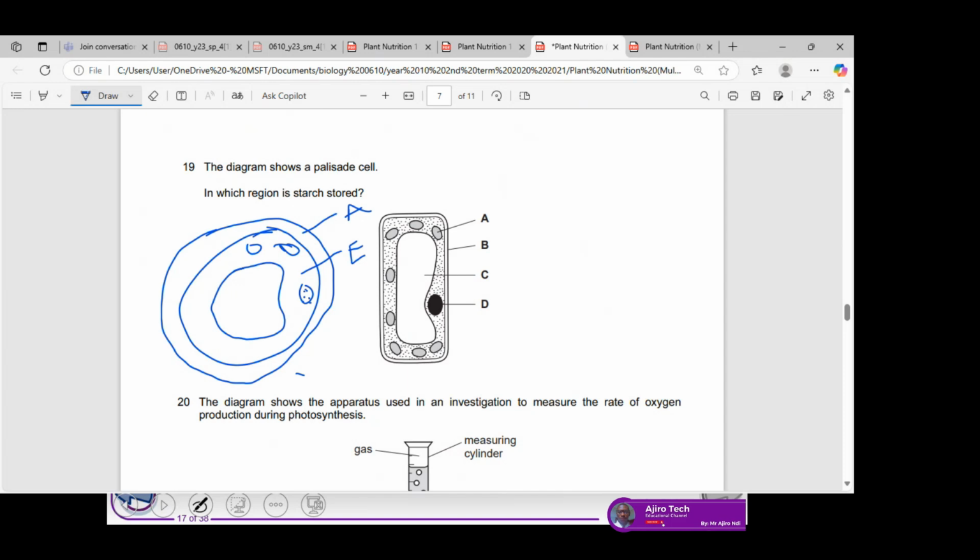Are you with me? Yes, ma'am. So if this is a spongy cell, it's a plant cell, a spongy mesophyll cell. What is A and what is E?